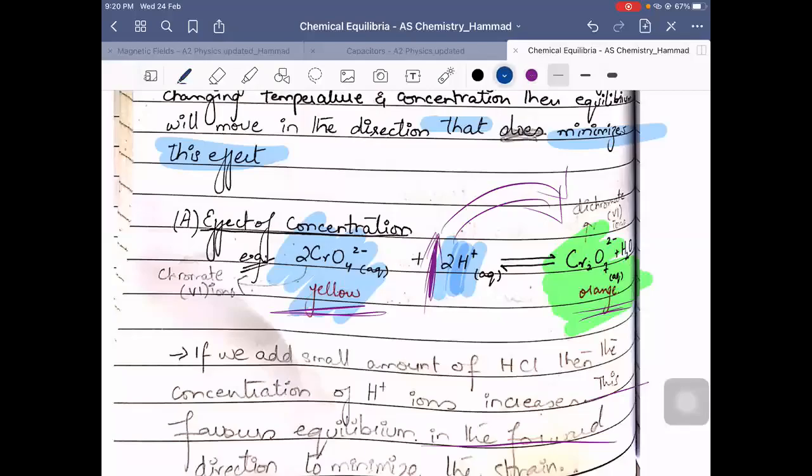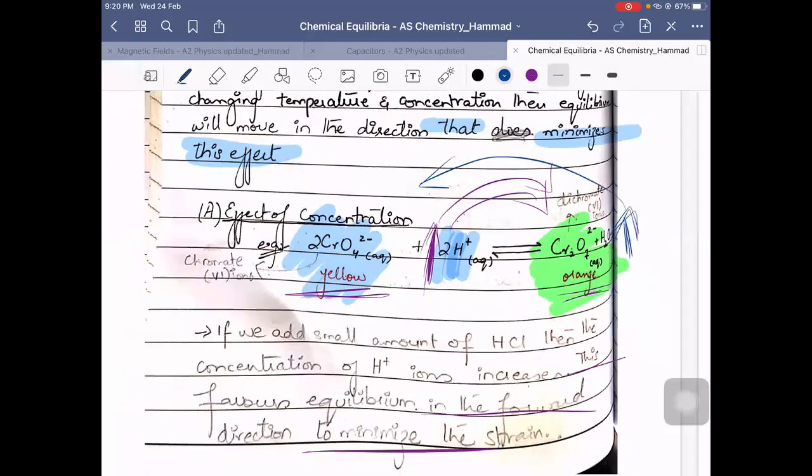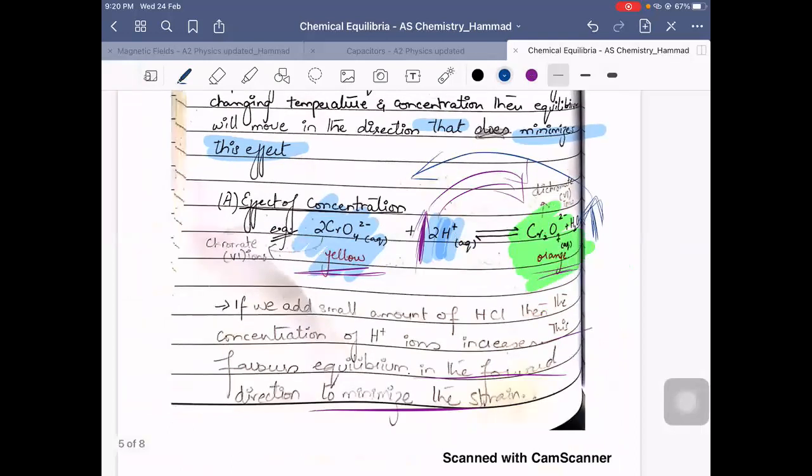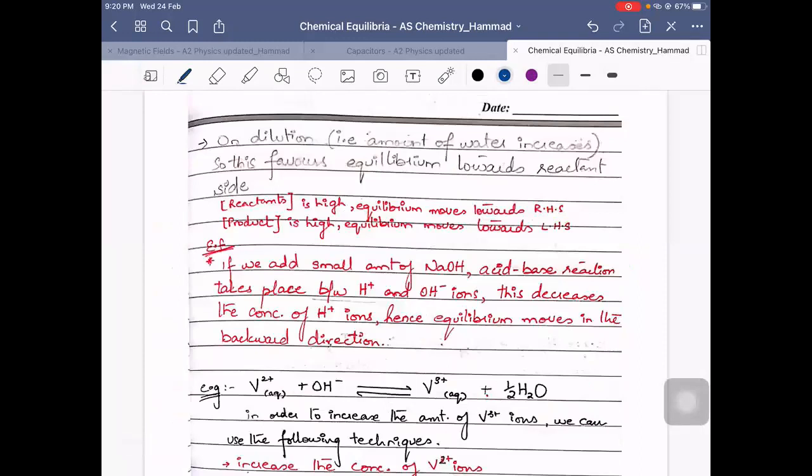Another thing, if I say in this equation that I am diluting the solution, meaning to say I'm adding water. Now that I'm adding water, meaning to say I'm increasing the product content, equilibrium starts favoring the backward direction. So on dilution, the amount of water increases, so this favors the equilibrium towards the reactant side.